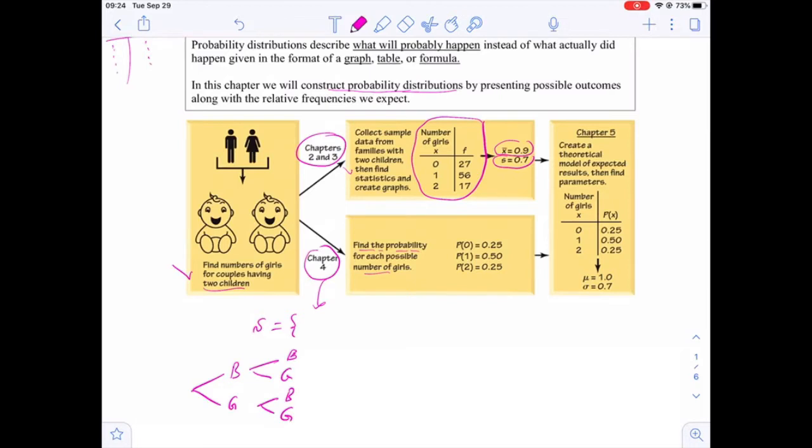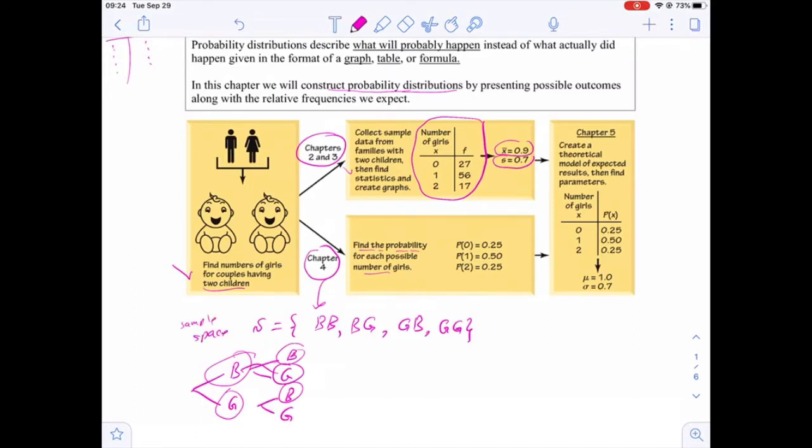So the sample space is boy, boy, both of them are boys, or boy, girl, the first one is a boy and the second one is a girl, or girl, boy, or girl, girl, where the baby in the first birth is a girl and in the second birth is a girl as well. So these are all possible outcomes. This is called the sample space.